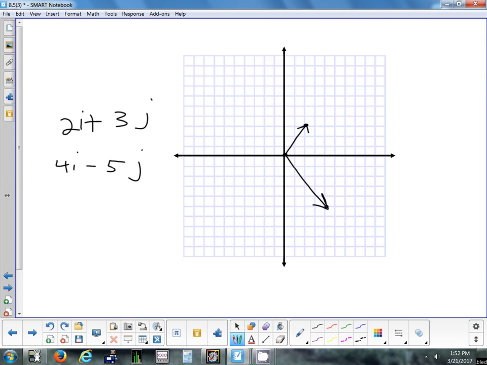So the goal here is to find the angle between the two vectors. Technically, there's two angles. There's this one, and then there's the one on the outside. We're always going to be finding the one on the inside, the one that's smaller than 180. All right. If I didn't teach you any kind of formula, what do you think you could do to find the angle yourself?